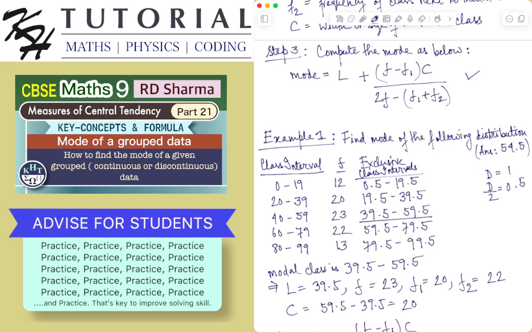If that difference is d, then subtract d by 2 from all the lower limits and add d by 2 to all the upper limits. That will give the class intervals in continuous form.